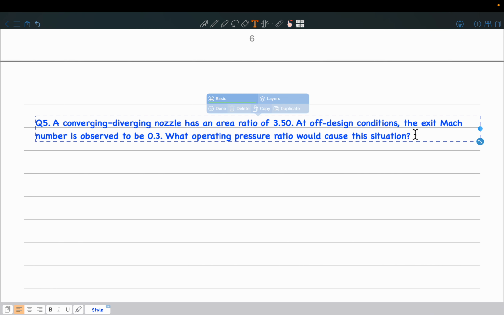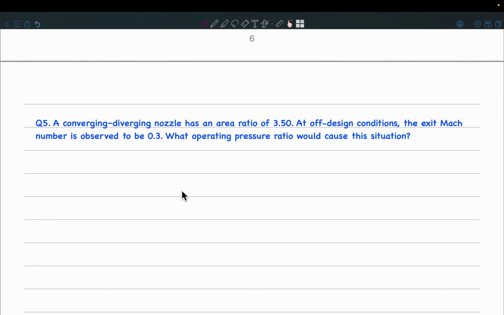So basically what the question says is that in the CD nozzle there is some place where a shock is occurring. Is that clear? So how do we proceed? Yeah, we don't know the location of the shock.